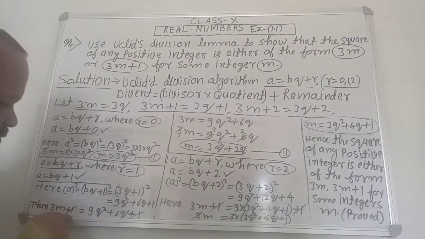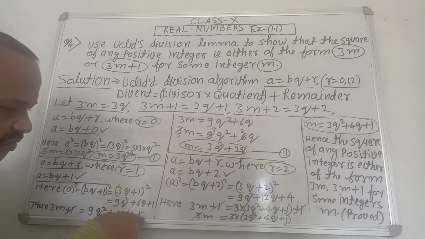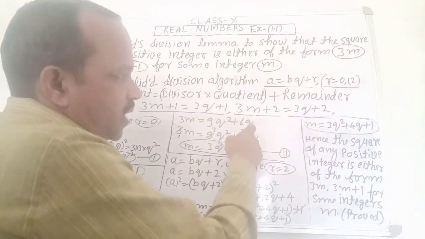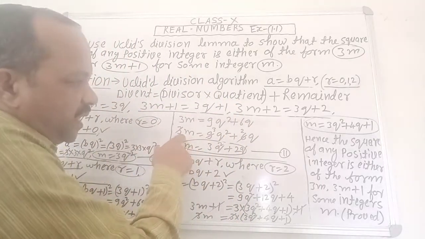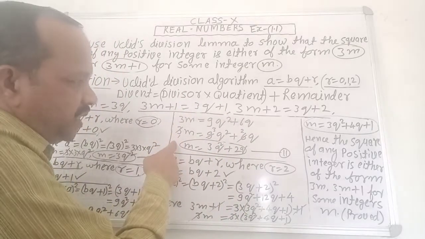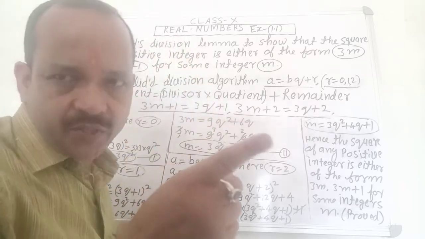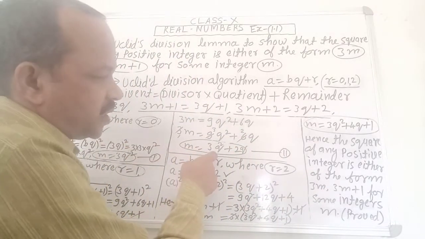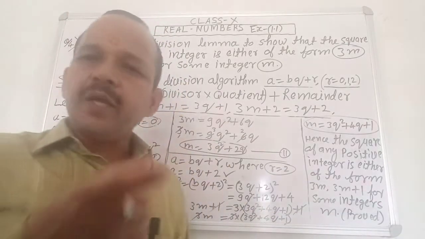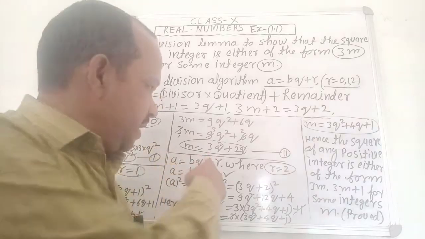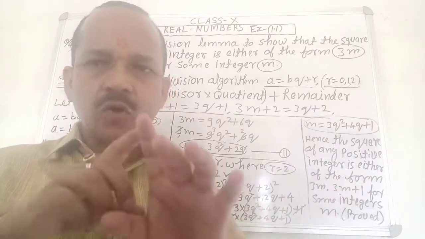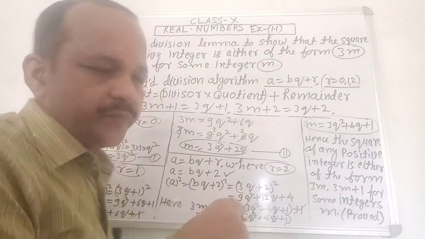Dividing by 3: 3 ones are 3, 3 threes are 9, 3 twos are 6. It becomes m equals 3q square plus 2q. You find the value of m. In the second step, m equals 3q square plus 2q. Clear? No confusion? See the board.